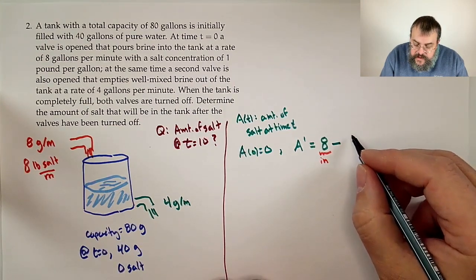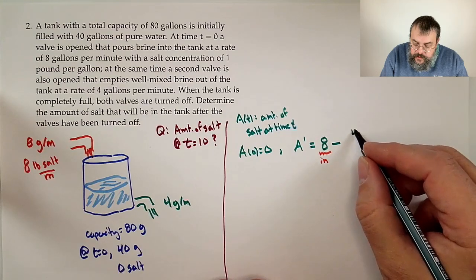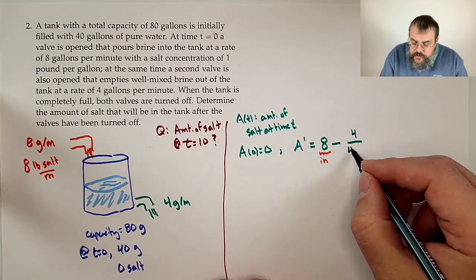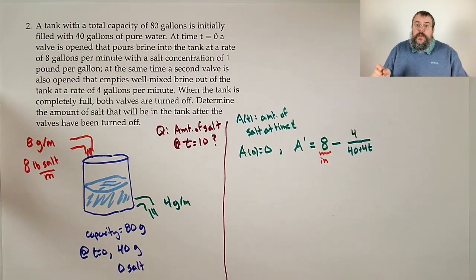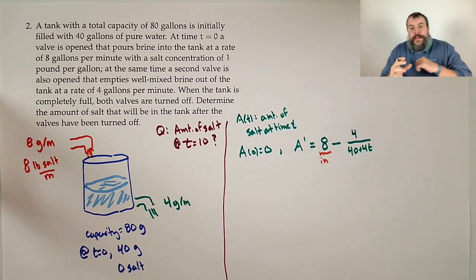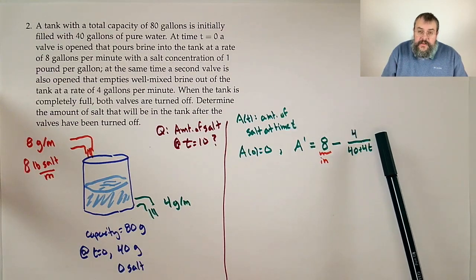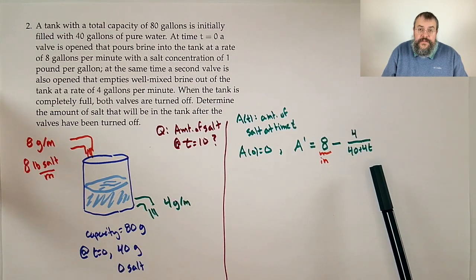So now the claim is you look at 4 over 40 plus 4t. And that is the proportion of the fluid that leaves. So that's 4 gallons out of 40 plus 4t gallons.